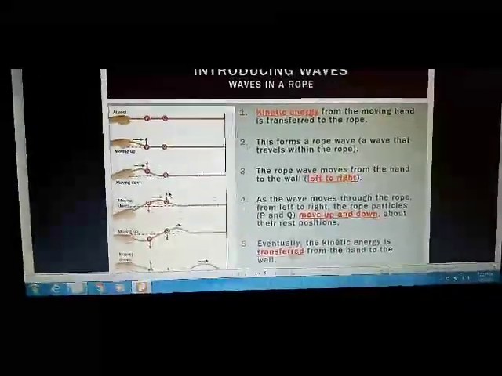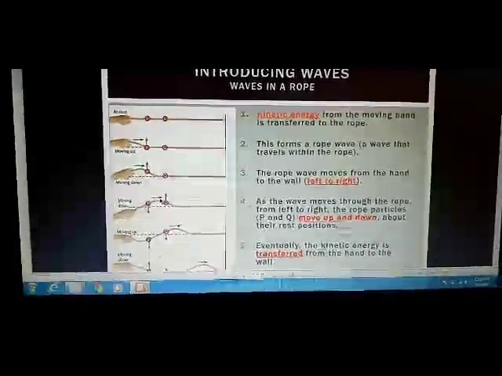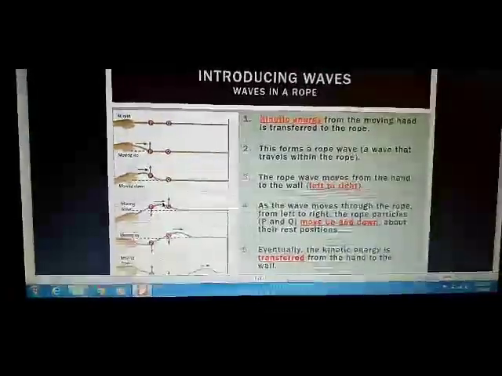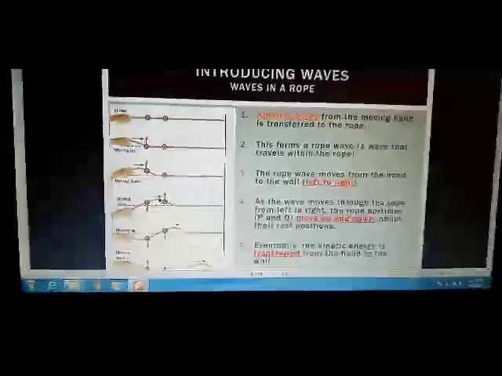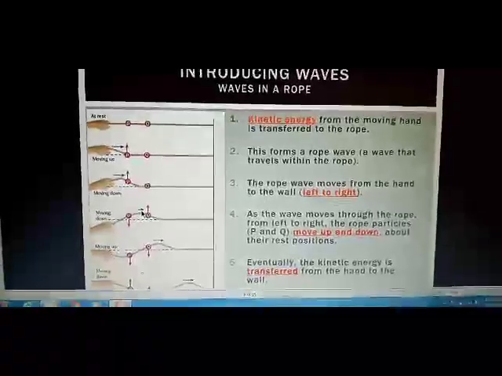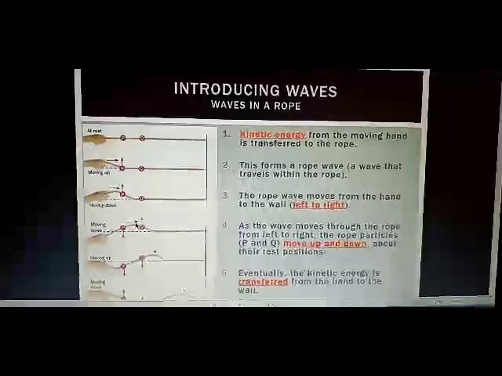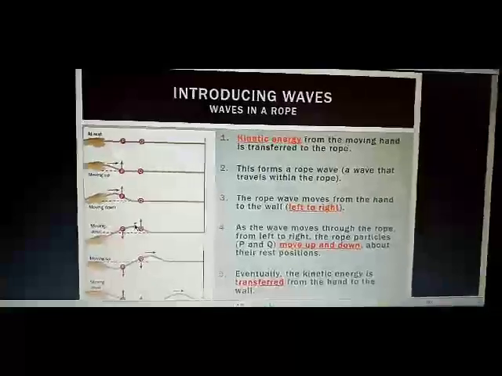Now the angle between these red and blue arrows is very clearly 90 degrees. So the directions of the particle and the wave are perpendicular to each other. The main purpose of producing waves here is that the kinetic energy of your hand is transferred to the wall with the help of a rope.